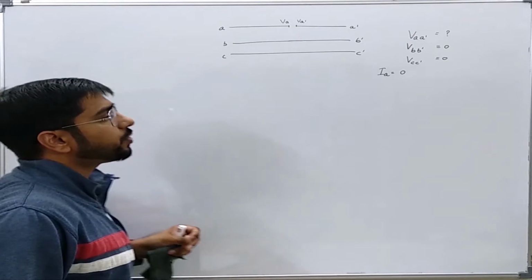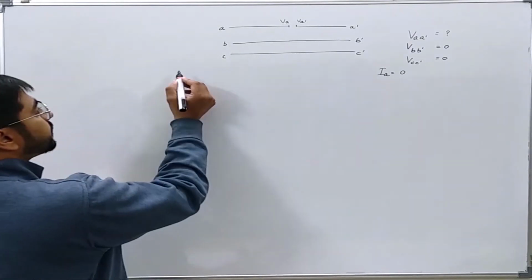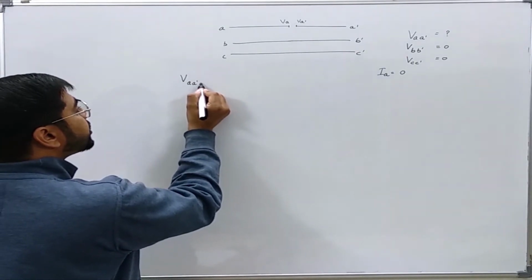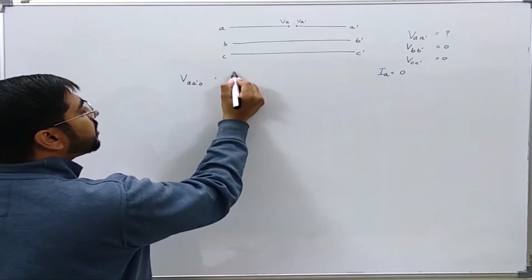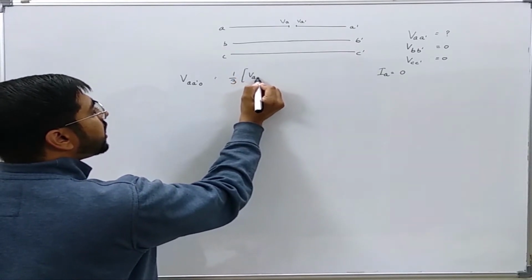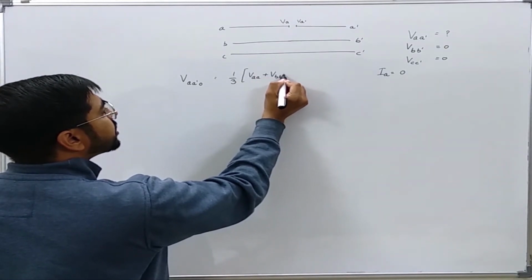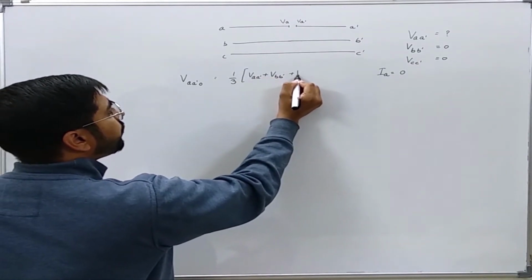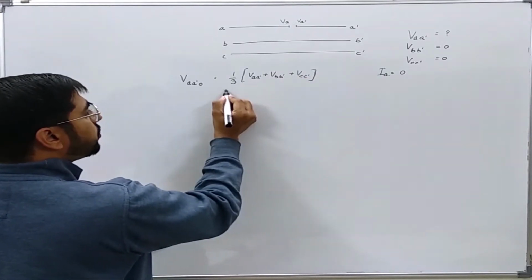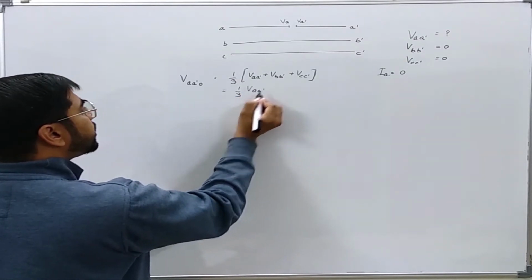Now let us try to find the symmetrical components of VAA dash. We know that VAA dash 0 is nothing but 1/3 of VAA dash plus VBB dash plus VCC dash. Now these two are equal to 0, so it is equal to 1/3 VAA dash.